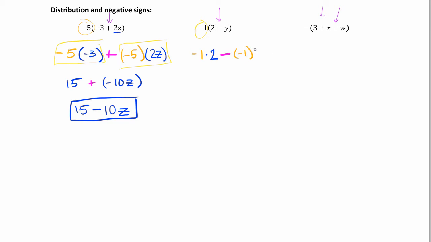And here's the thing, this is a positive y. 2 minus positive y, so that y is going to stay positive. Basically there's one little horizontal line up here with this y. Take that out.